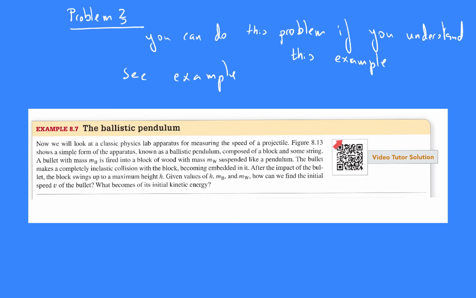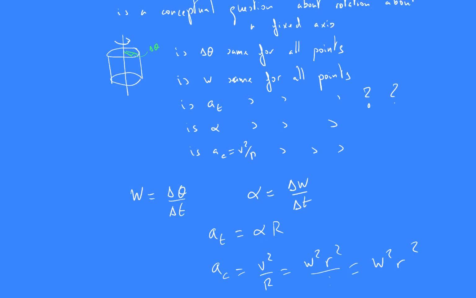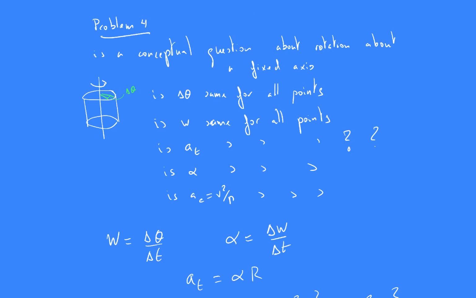This is the barcode of the example. So the ballistic pendulum, see the ballistic. This problem is about rotation of an object that is rigid. If it's rigid, it means that the object, when it's rotating, is not being stretched or compressed.